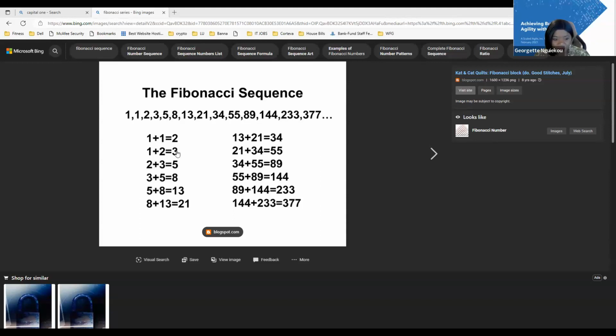So 2 plus 3 equals 5. Then we take 3 plus 5 equals 8. Then here we are taking 5 plus 8 equals 13. Then we are taking 8 plus 13 equals 21. So this is how you calculate the Fibonacci series.